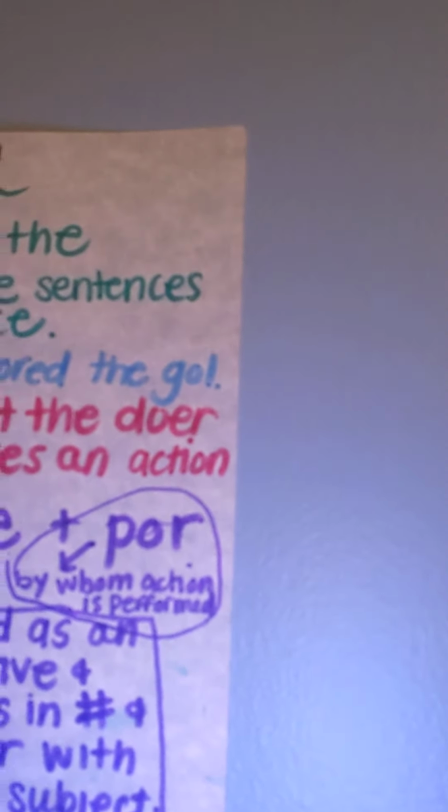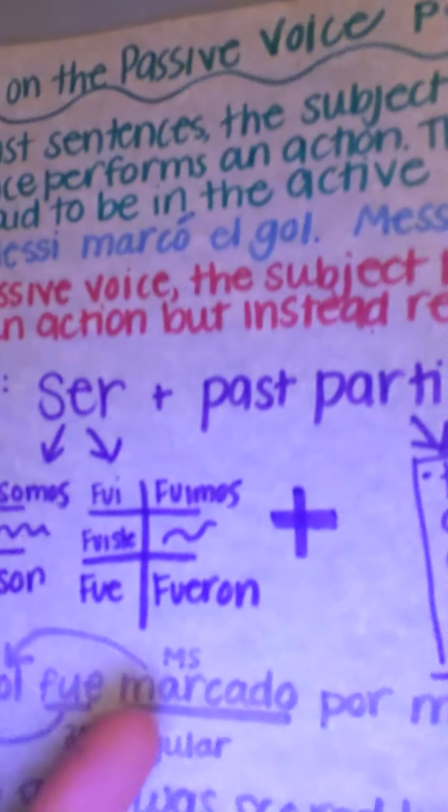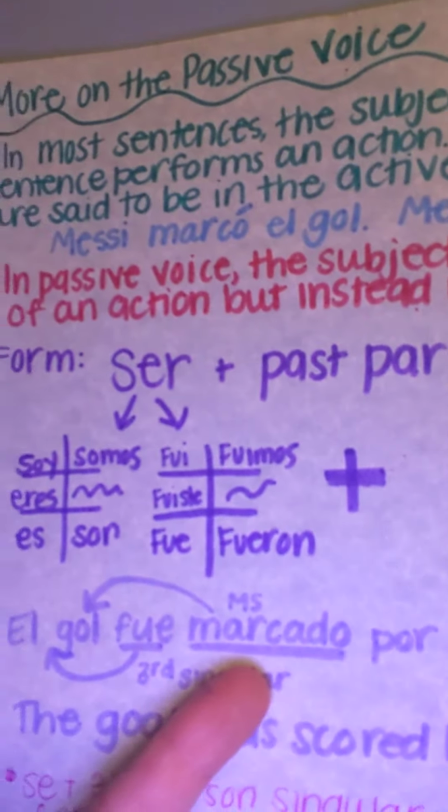Third singular would be fue. El gol fue, and the original marcó now will become our past participle. So our past participle will be marcado, and then we need to say by whom, por Messi. So el gol fue marcado por Messi, okay?